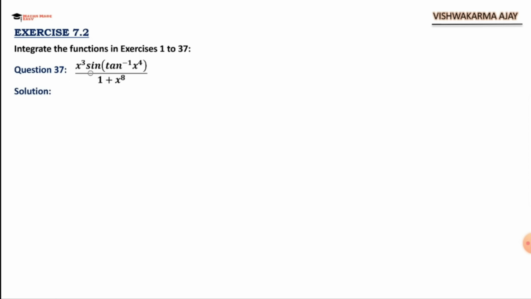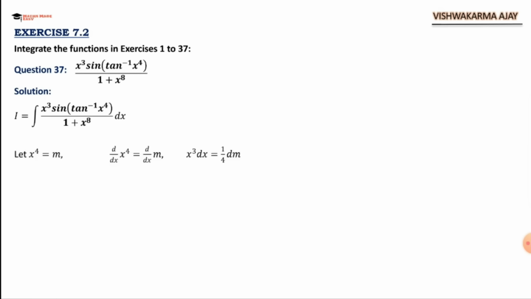x cube sine of tan inverse x raised to 4 upon 1 plus x raised to 8. Okay, how can we solve this one? First we will be substituting this part, and then later we will be substituting this entire part, and then the question is done. Let's see how. Let x raised to power 4 be m.